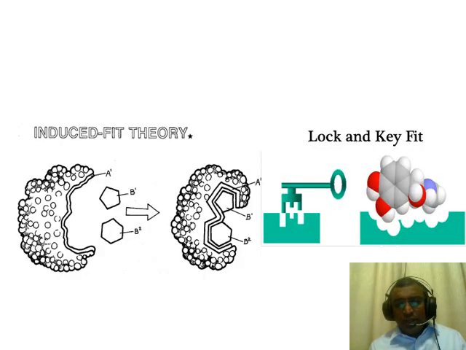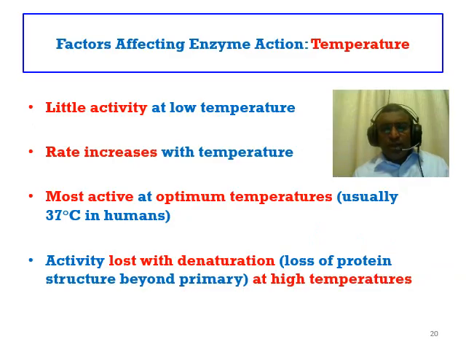So, given the comparison between the induced fit theory and the lock and key fit, I think it's straightforward to understand that induced fit does not have the active site shape that is required for the substrate, but once substrates come, it will change and fit accordingly, while the lock and key has the shape from the beginning for the substrate itself.